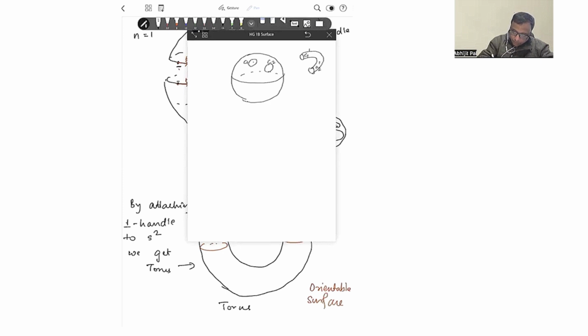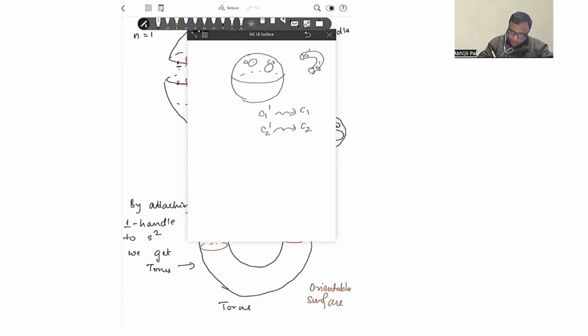So now what you do is attach C1 prime to C1 and C2 prime to C2. C1 and C1 prime are homeomorphic to the circle, so you can attach by a homeomorphism.